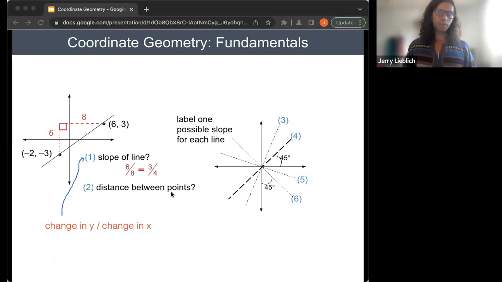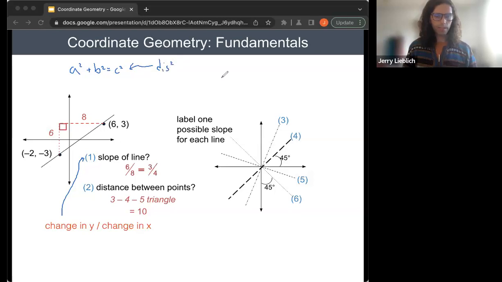To get the distance between the points, here we need to think, okay, this is a right triangle, and the hypotenuse is the distance on the line. So we can treat it like a right triangle. And maybe we recognize that this is a special right triangle, a 3, 4, 5 triangle, or maybe we instead use the Pythagorean theorem. A squared plus b squared equals c squared, knowing that c squared is our distance squared.